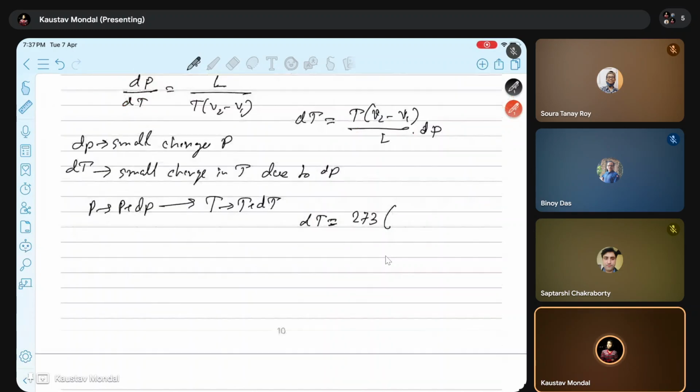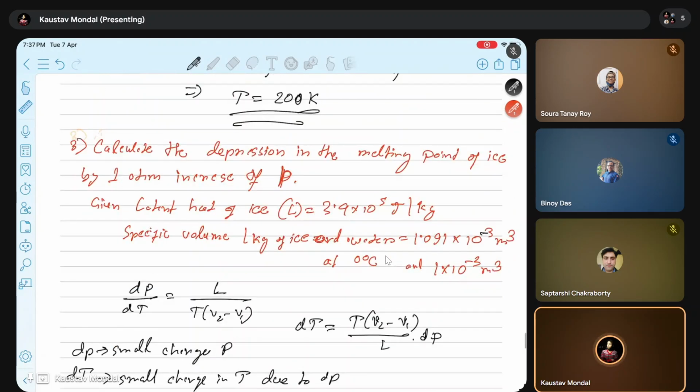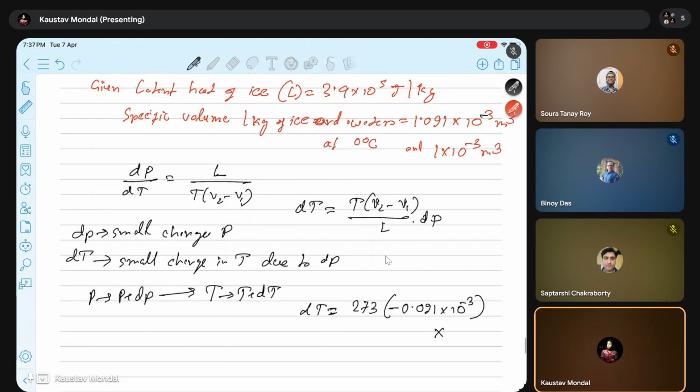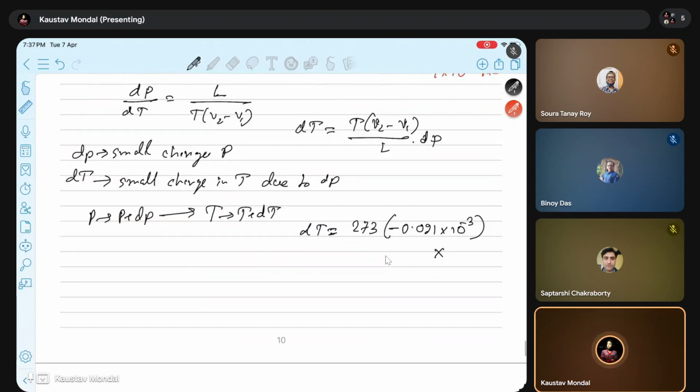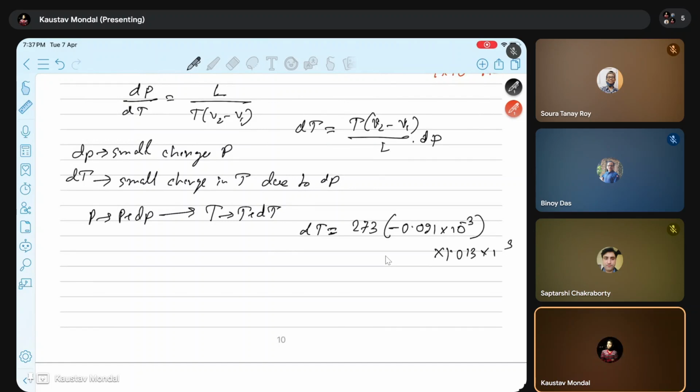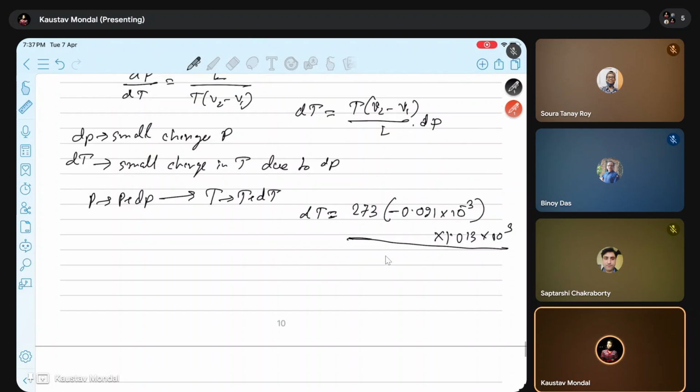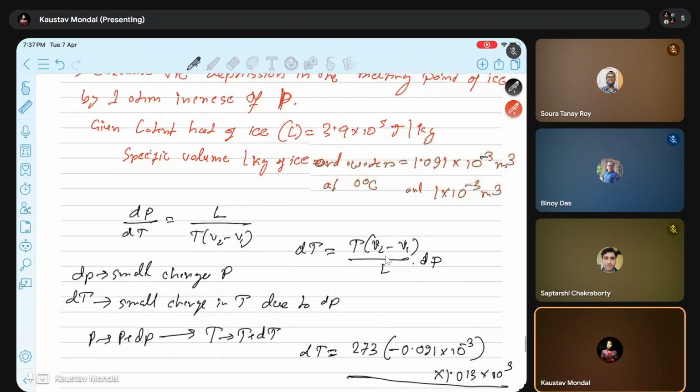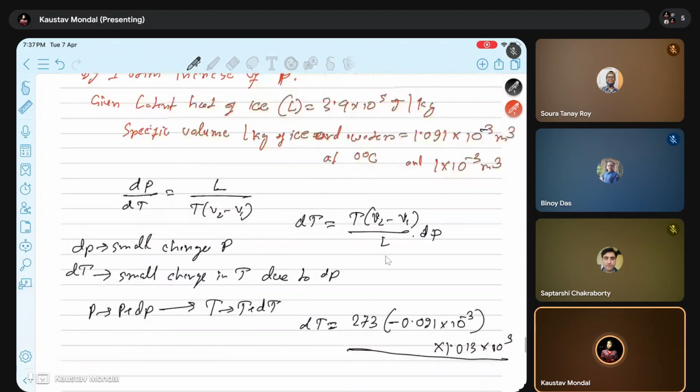So this will give you minus 0.091 into 10 to the power minus 3, into dP, the change in pressure, which is given in atm. We have to convert atm into Pascal, so it becomes 1.013 into 10 to the power 5 Pascal. The denominator is the latent heat, 3.4 into 10 to the power 5 joule per kg.